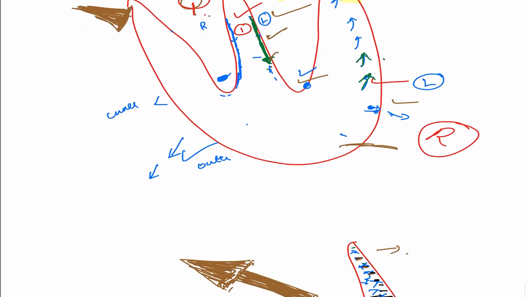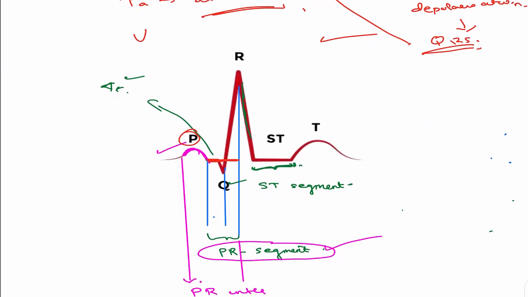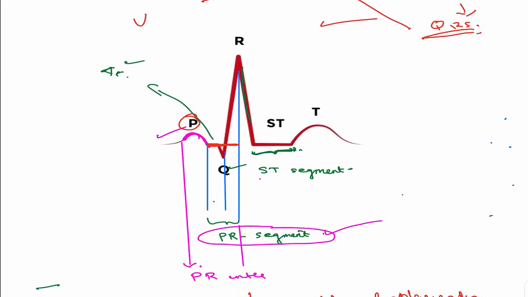Now, once you have understood the PR interval, the next interval we have to know. We studied one segment, the ST segment. A combination of a segment and a wave is an interval. So the next interval we are going to discuss is the QT interval: the QRS complex plus the T wave.